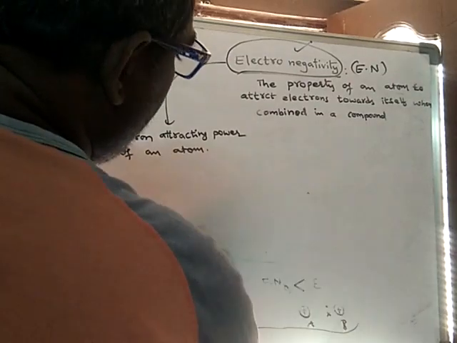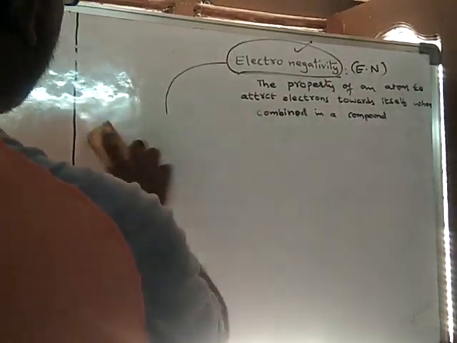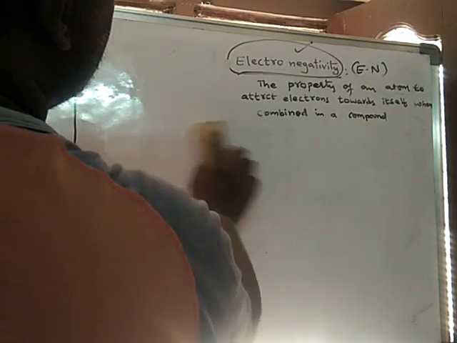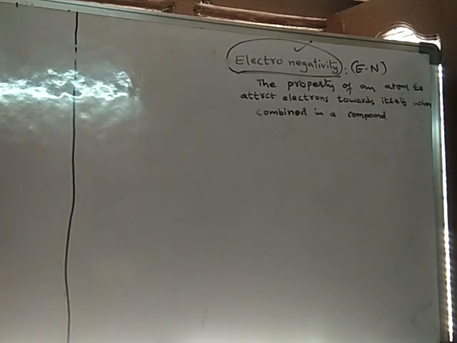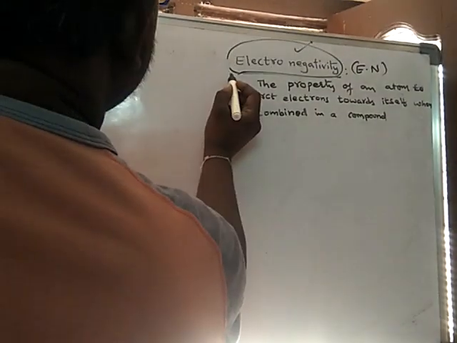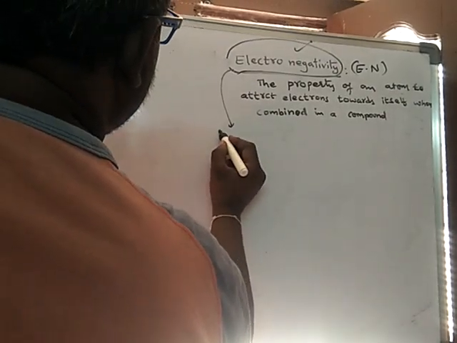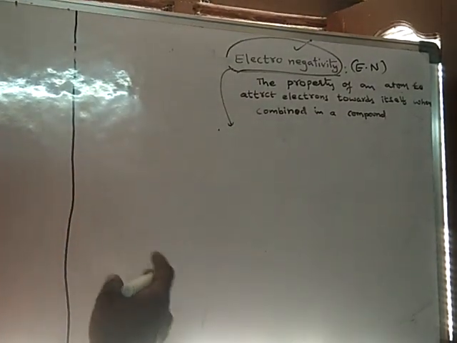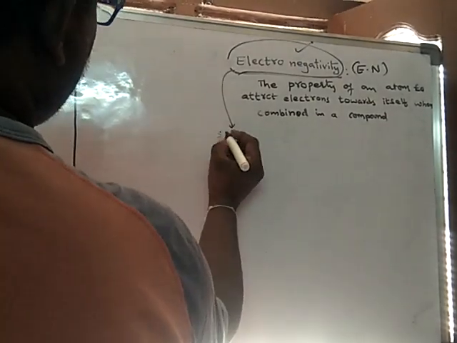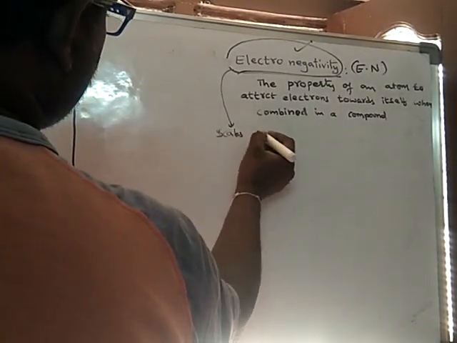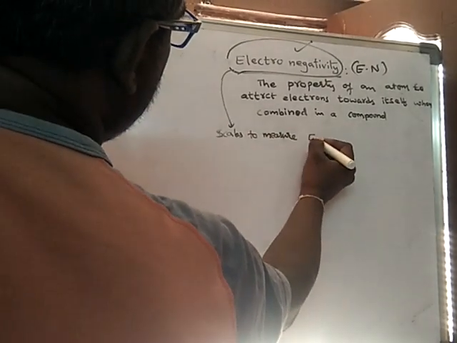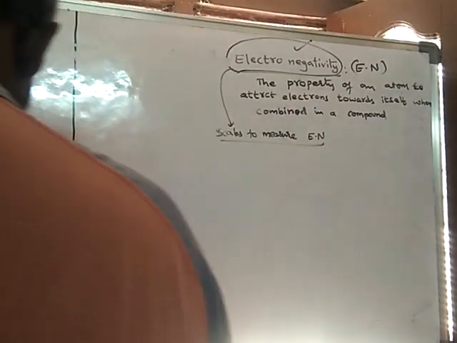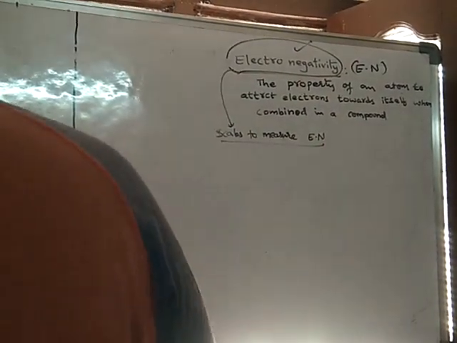Now we will learn how electronegativity varies along a period and along a group. Before learning that, electronegativity can be measured by different scales. So what are those scales?